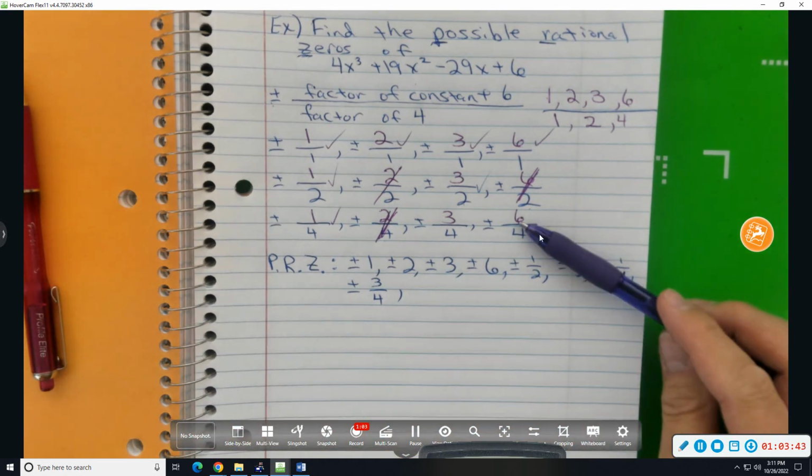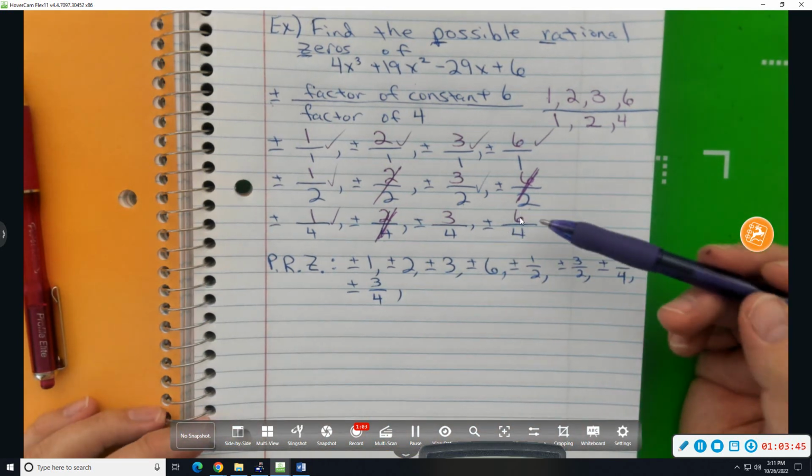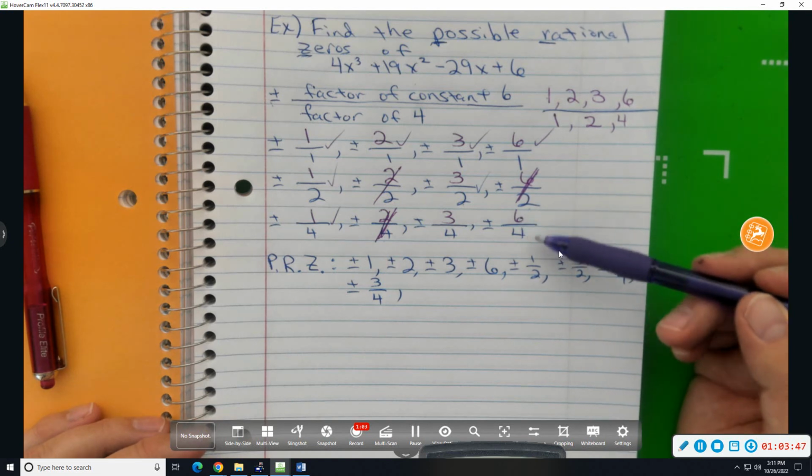What about 6 divided by 4? We can cancel a 2 above and below. What does that give us?